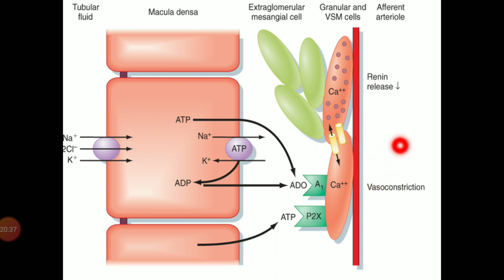Now, in this way, whenever vasoconstriction occurs, whenever the afferent arteriole undergoes vasoconstriction, obviously the blood flow towards the capillary would also decrease. When the blood flow towards the capillary decreases, the amount of blood filtered through the capillary would also decrease.